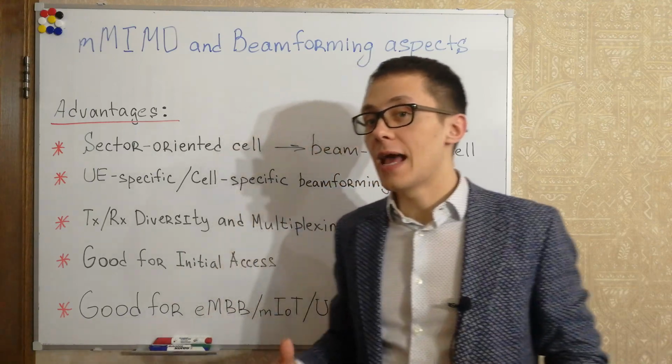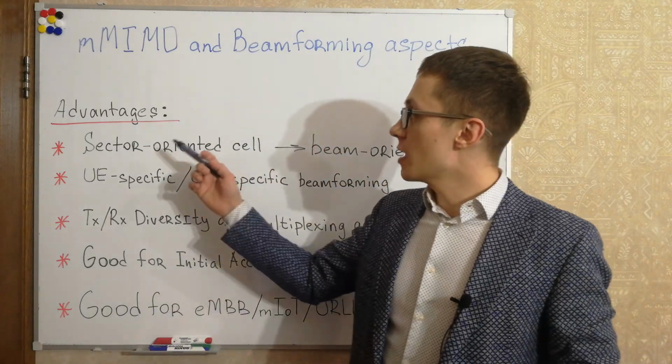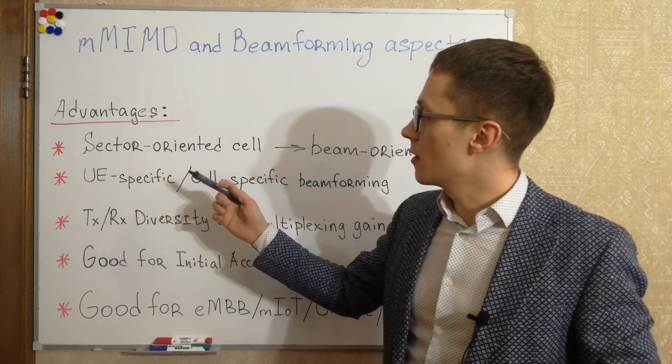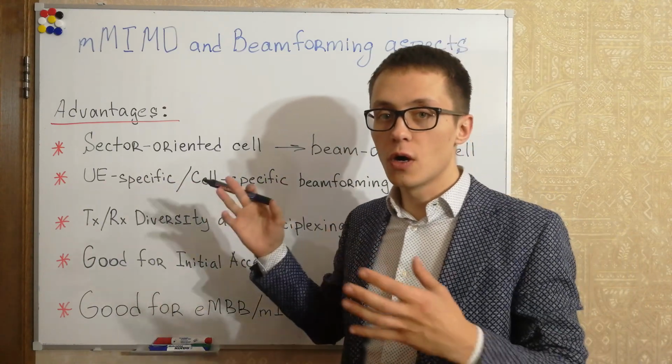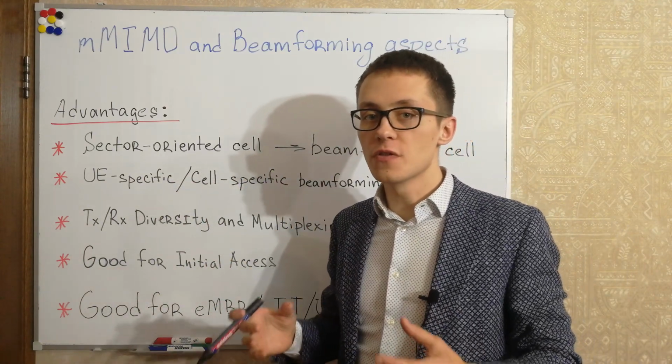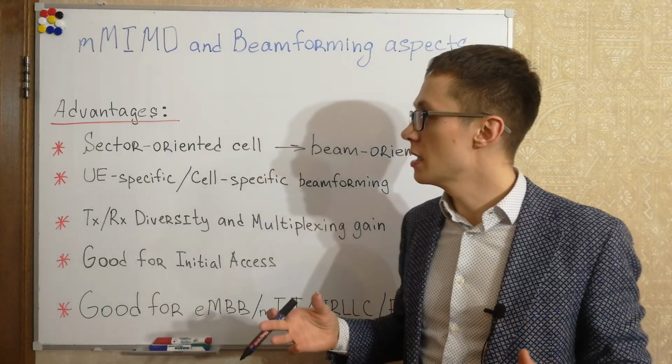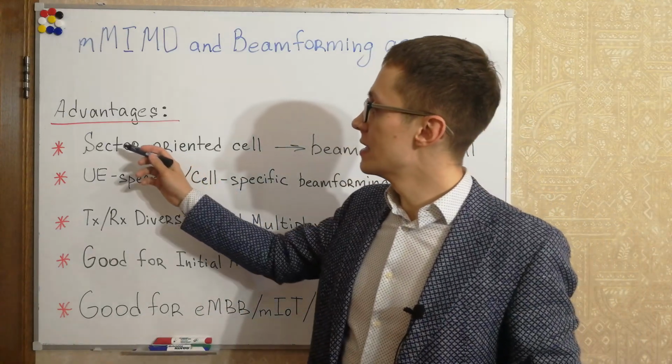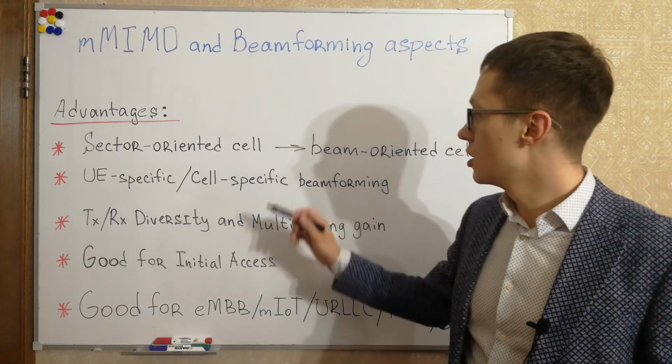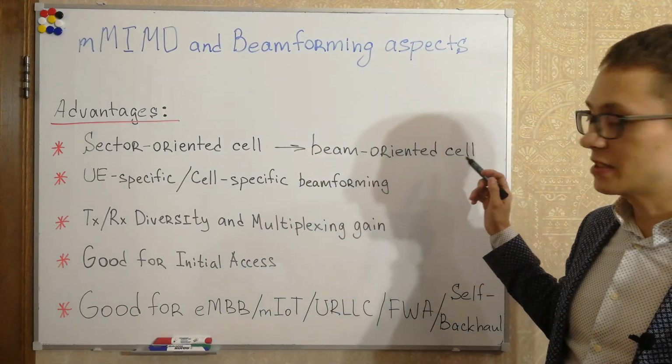So let's look at advantages. When it comes to advantages, this is a new concept. Beamforming in 5G is a completely new concept because we go from sector-oriented cell to beam-oriented cell.